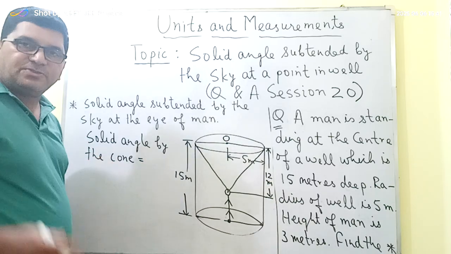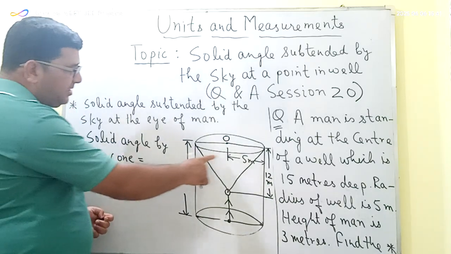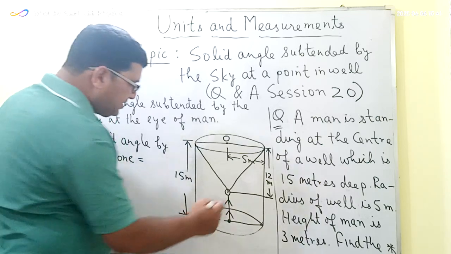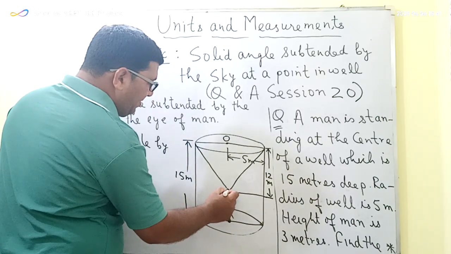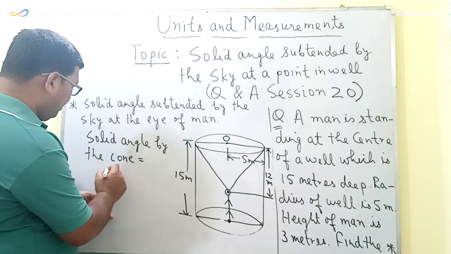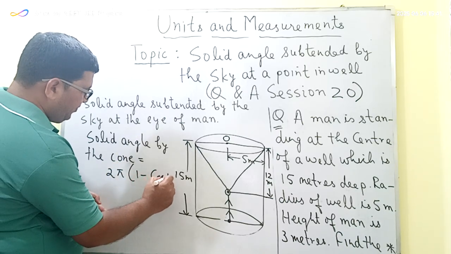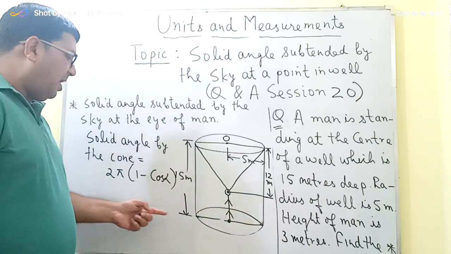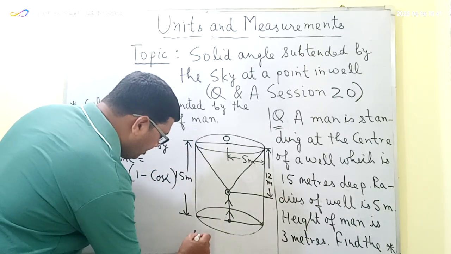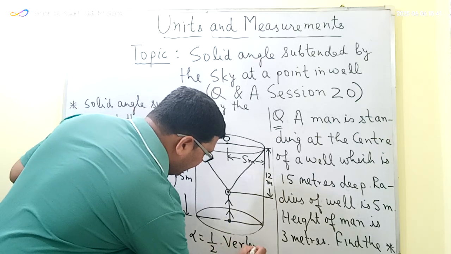So we will be using the formula for the solid angle subtended by the cone at the vertex. Here the eye of the man is the vertex. This is equal to 2 pi (1 minus cos alpha), where alpha is half of the vertex angle.